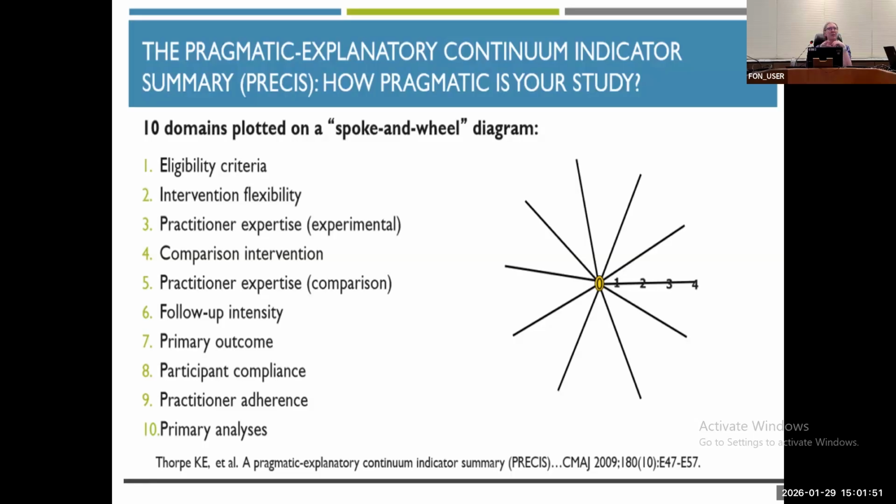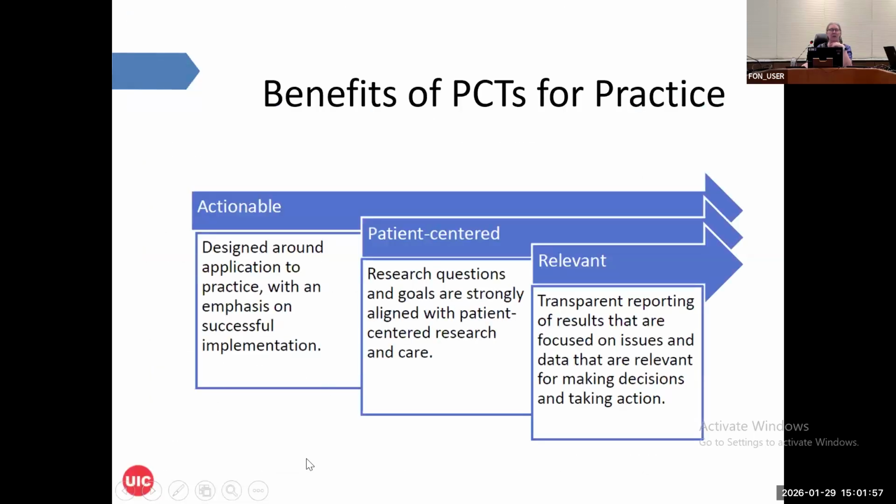So what you want to do is look at this to determine how randomized or practical it needs to be. So that's how you would decide whether you want to focus on the external or internal validity.